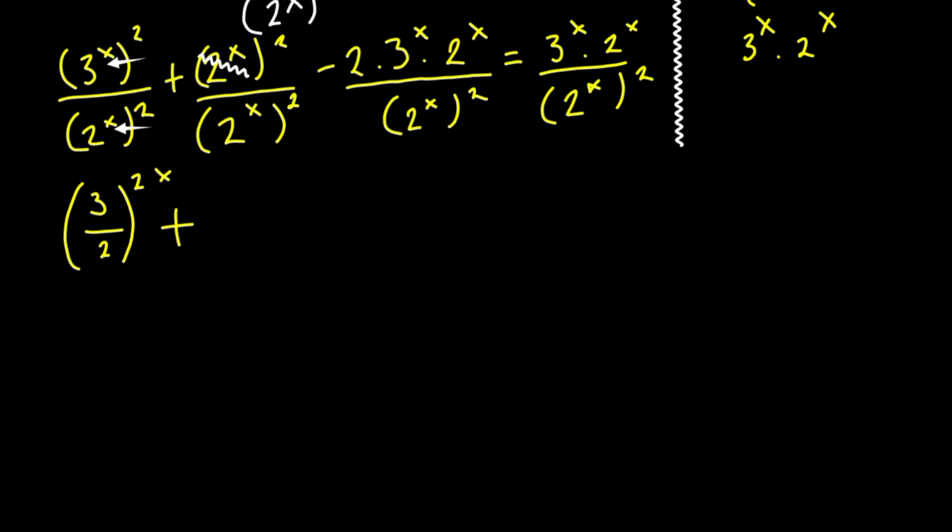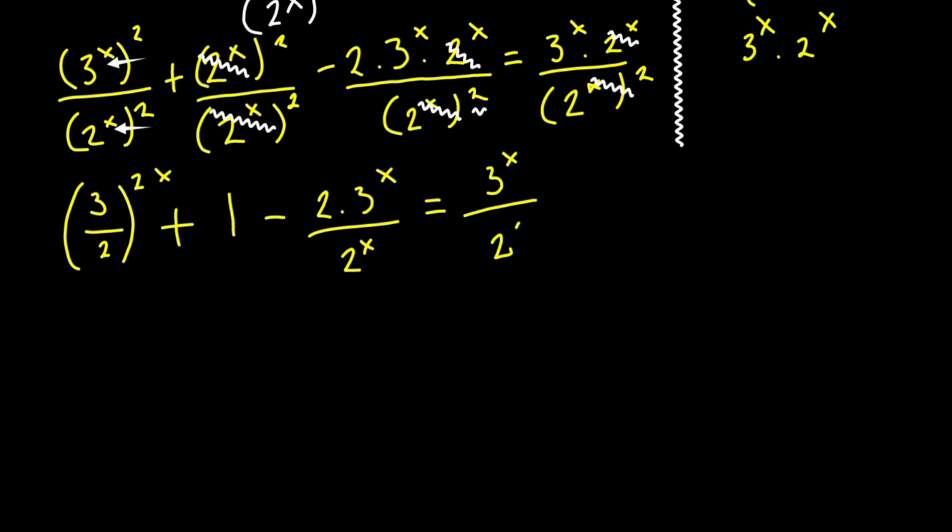This cancels this, they're exactly the same. And then we have 1 minus 2 times 3^x divided by 2^x, and that equals, same thing applies here, we cancel out because this is squared, and then we have 3^x divided by 2^x.